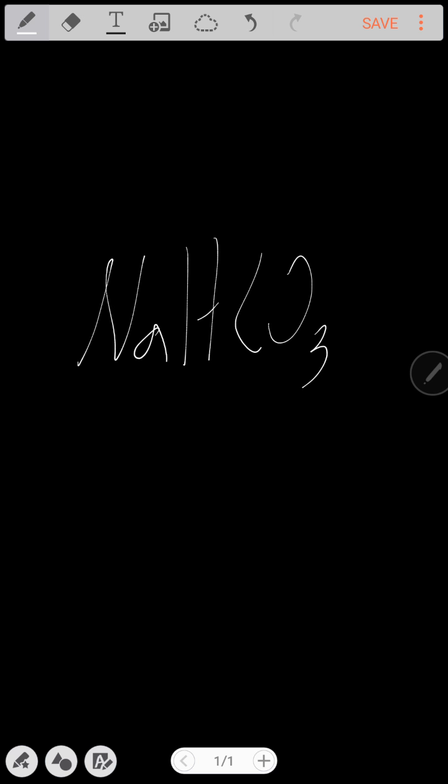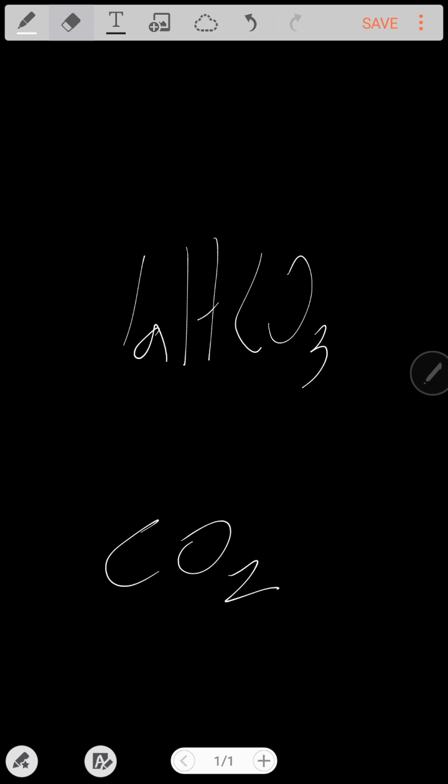So this would be, for example, sodium bicarbonate, right? So what are my products going to be? I'm going to have water. I'm going to have CO2 gas and salt. So this is making CO2, which is carbon dioxide, which is a gas. And that gas will create bubbles. It is a gas evolution reaction.